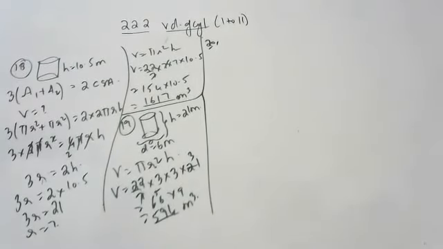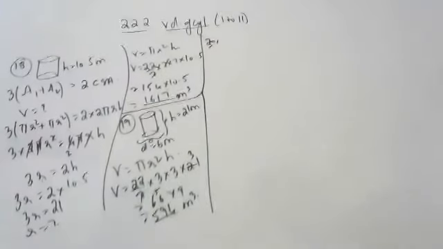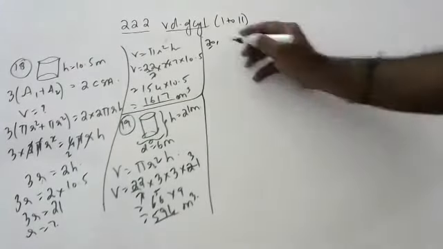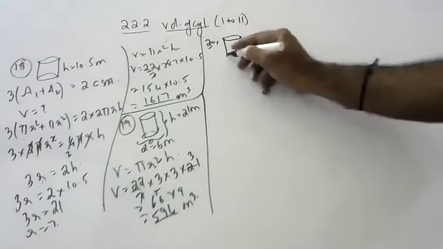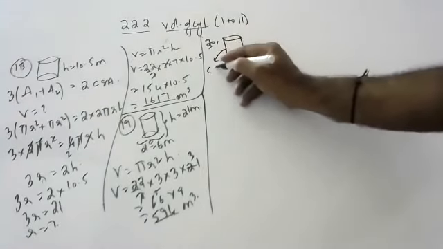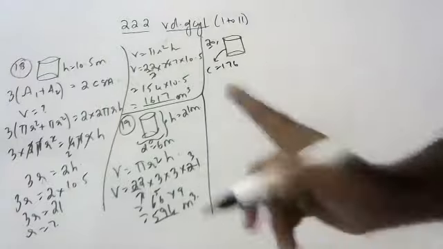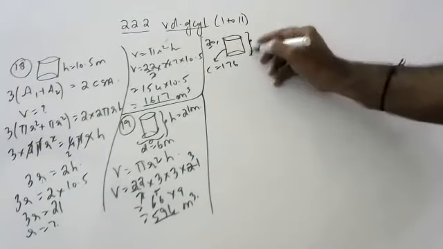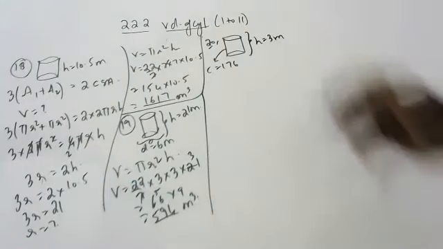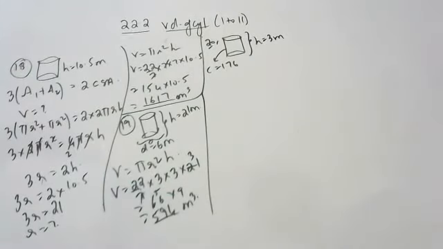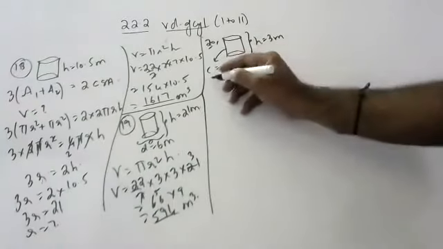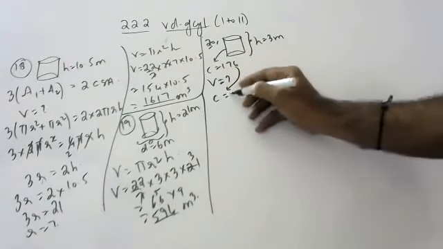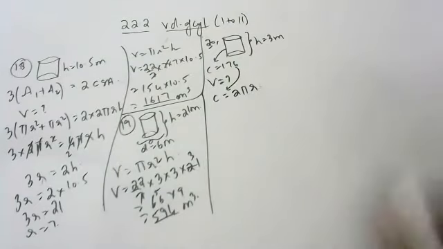Next, Nandika, your chance. A trunk of a tree is cylindrical and its circumference is 176 meters. Circumference, not CSA. If the length of the trunk is 3 meters, length means height, find the volume of the timber. Circumference formula is 2 pi r.